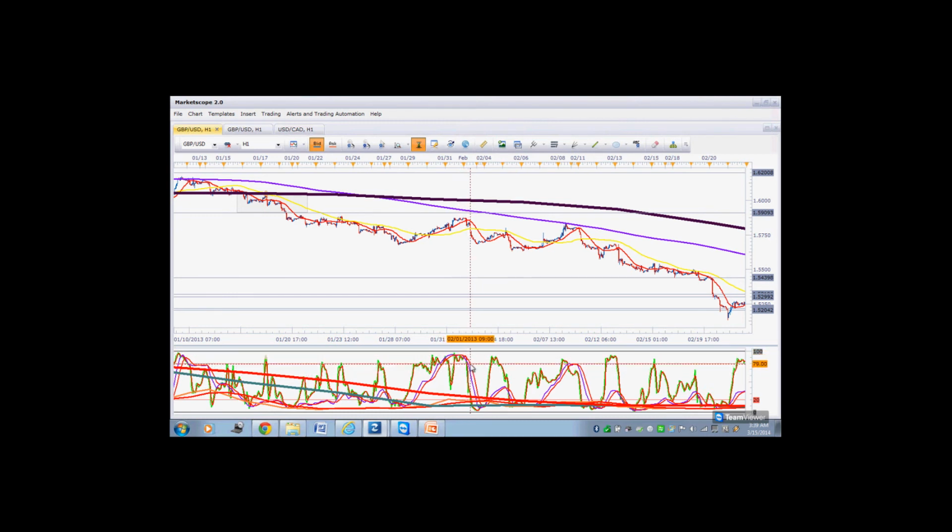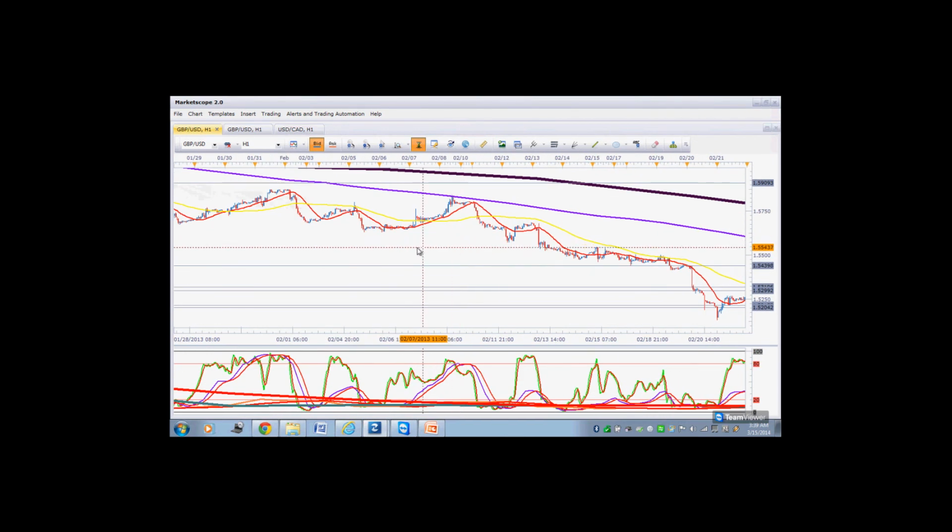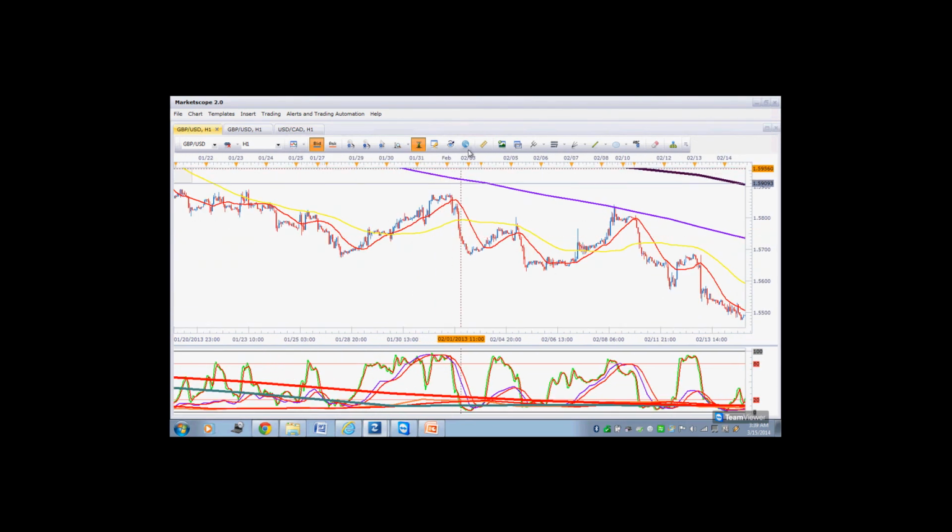So when the 4-hour crosses over the 20, we can take this opportunity to enter here. This move down is about 214 pips.